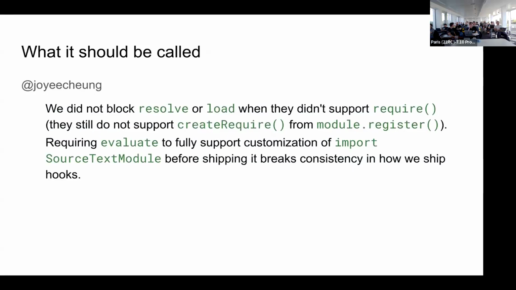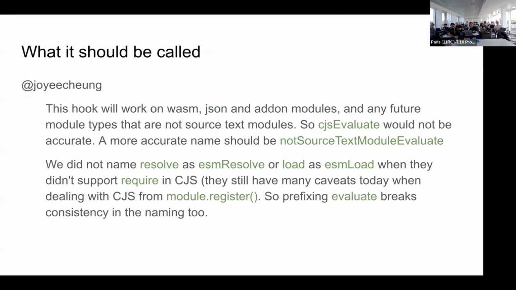So my stand is that we did not block resolve and load when they only worked on ESM, or when they did not support require from module register. So it's not really consistent to name evaluate based on the fact that it doesn't fully support ESM, because we did not do that for resolve or load; they weren't prefixed in any way. Also, this hook does not only work on CommonJS, so it's kind of weird to call it CJS evaluate.